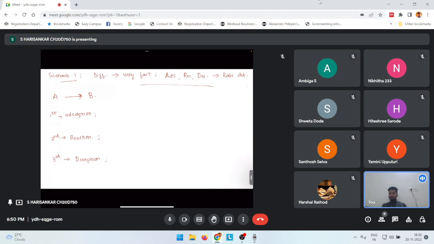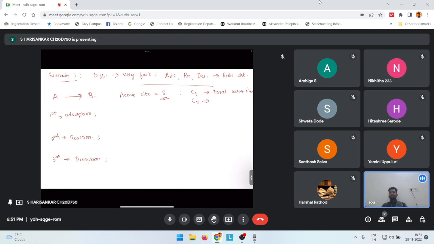So the first adsorption step, let us represent our active site as S. So total number of active sites will be CT. Let's say there are 100 active sites in the catalyst. It is not necessary that all these 100 active sites will get occupied by a molecule.